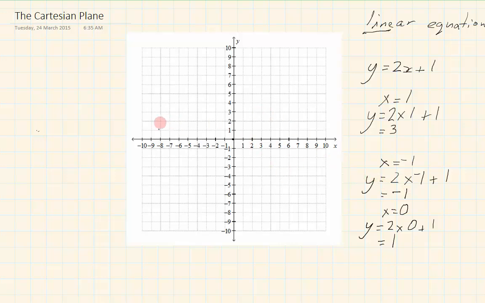So rather than just having them all along the page spread out, we would put those into a table. So I'll put a table on the left here. And that table is just going to contain some x values and some y values. Use a ruler when you're drawing your table, just to make it a bit neater. So you have your x over here and your y down the bottom. Okay, so our x values, the smallest one we had was -1, and we've also done 0 and we've done 1.